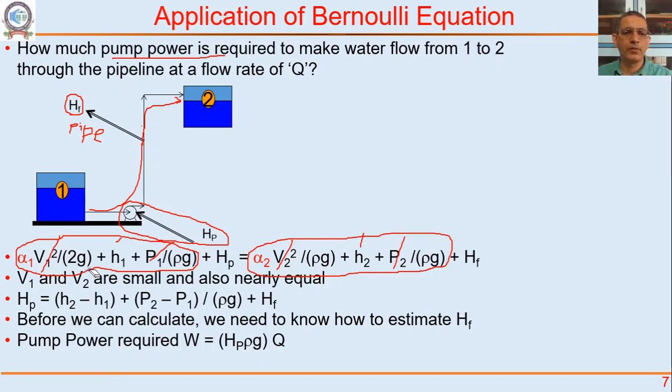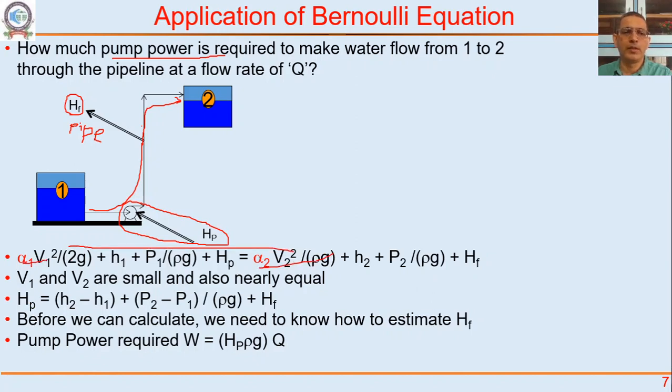Just to get you started, let's just rub out all this. Right. So what we are saying is v1 and v2 are small because tanks are big. The levels in the tank change very slowly. So v1 and v2 are small, and they are also nearly equal. So I can even cancel these two terms.